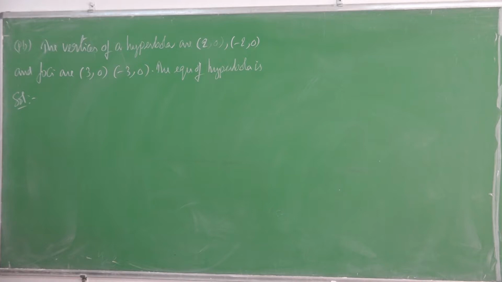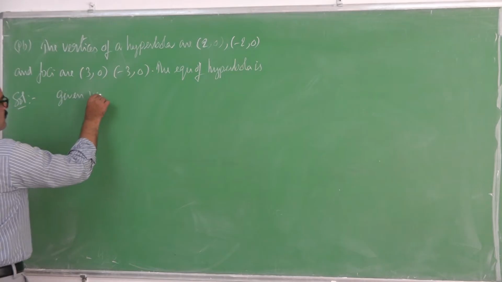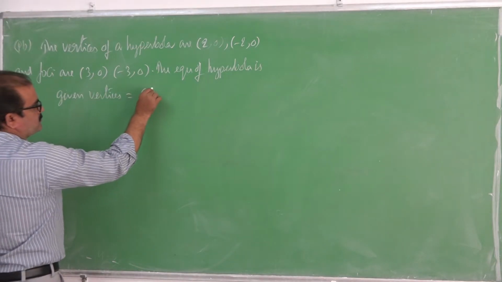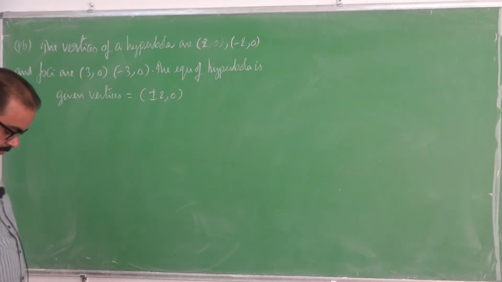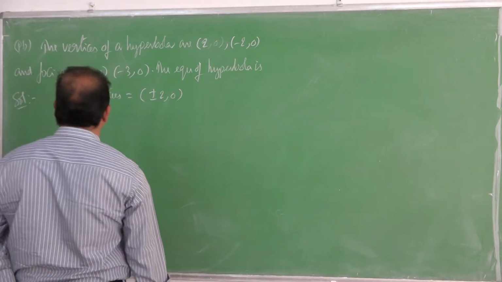See here, what are the vertices given? (2, 0), (-2, 0). Given vertices plus or minus 2, 0. Write those two vertices as plus or minus 2, 0.